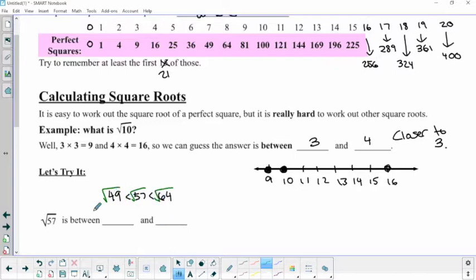So 57's square root is between 7 and 8. Is 57 closer to 49 or is it closer to 64? It's slightly closer to 64, so it's closer to 8 than it is to 7.